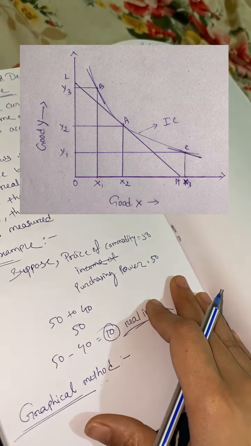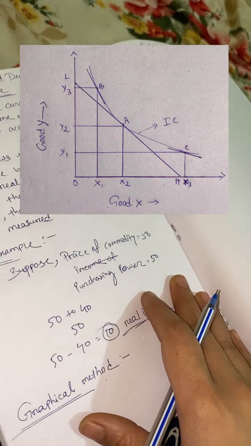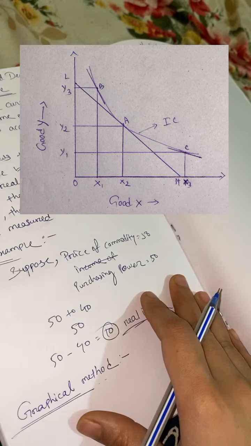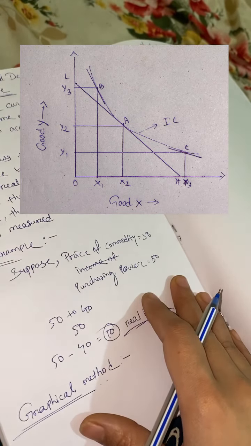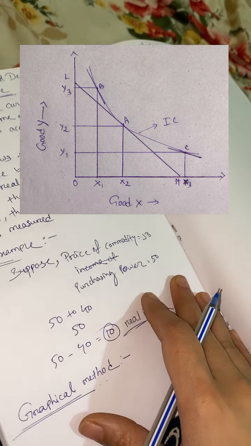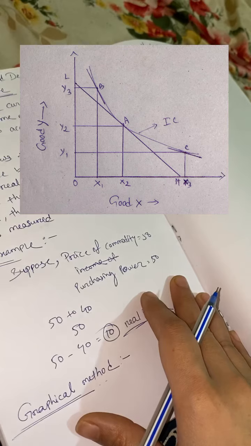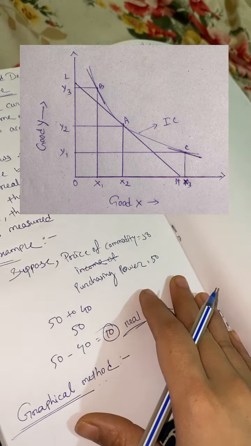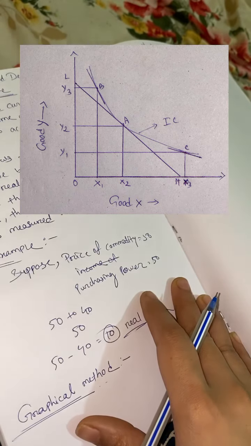And at point B we will see that if the price of the commodity increases, then a new price line will be created, and at the increased price BX1 of good X, the consumer consumes OX1 of that, so the quantity demanded will be OX1.